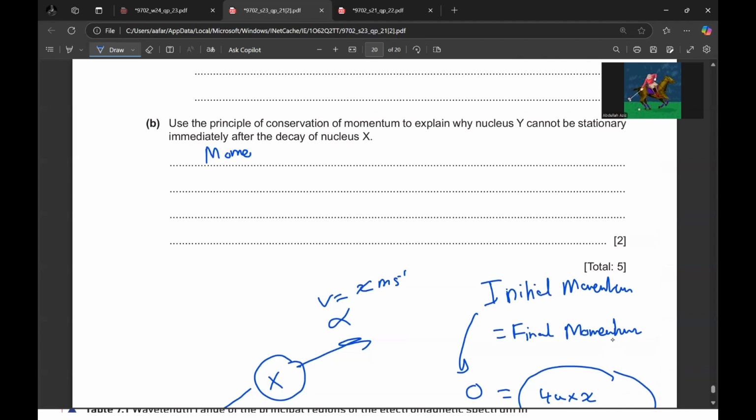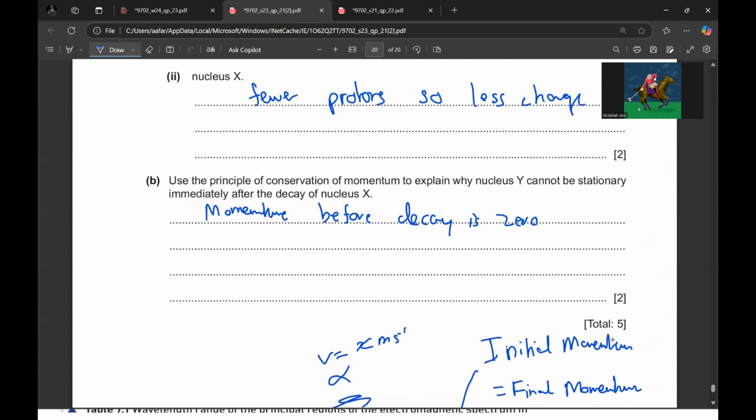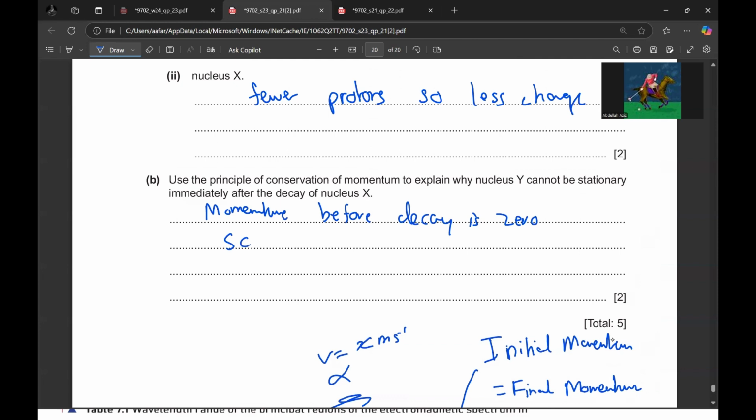So we write: momentum before decay is 0. So total momentum after decay must be 0.